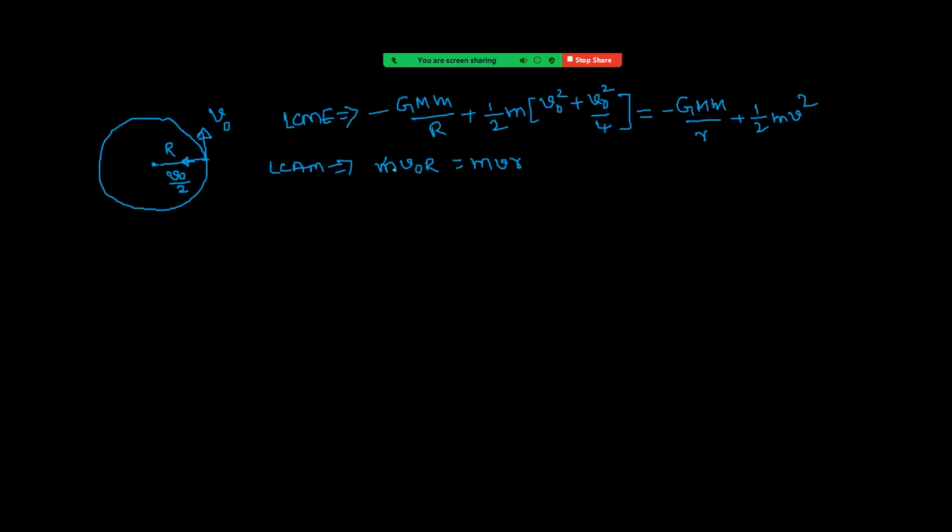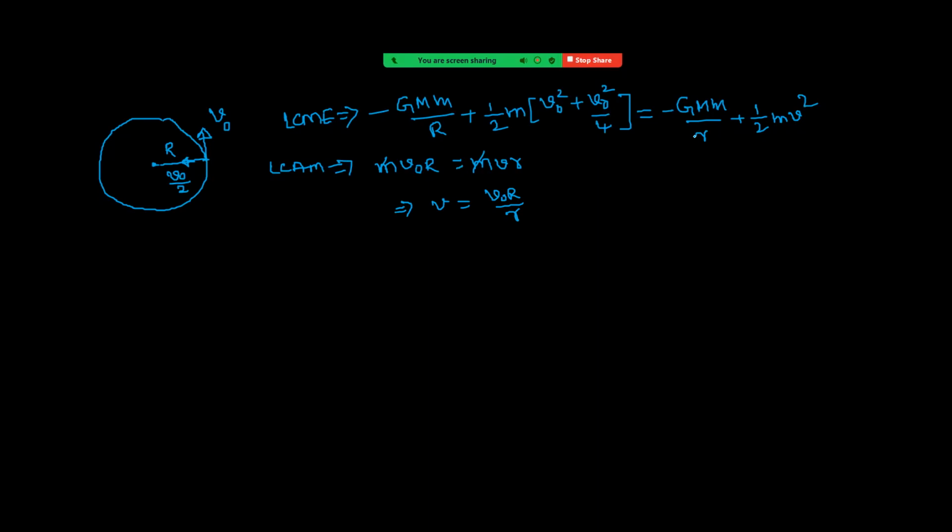Okay, so m gets cancelled. In place of v, we can write v naught R by r. Substitute this in the first equation and we are going to get a quadratic in terms of r.